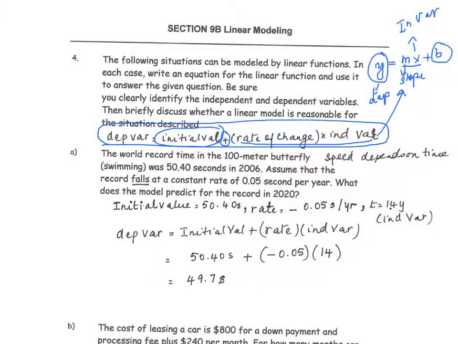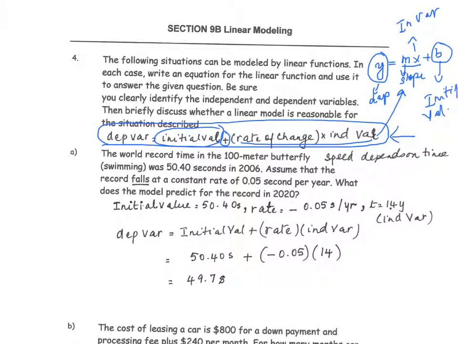So b is the initial value plus the slope or rate of change times the independent variable equals the dependent variable. If you remember the equation y equals mx plus b, this is exactly the same thing.